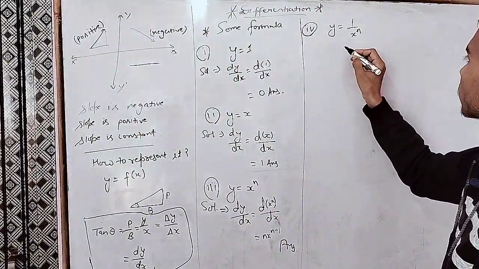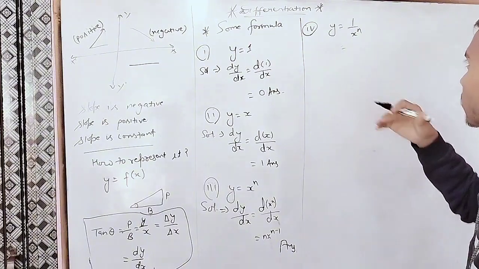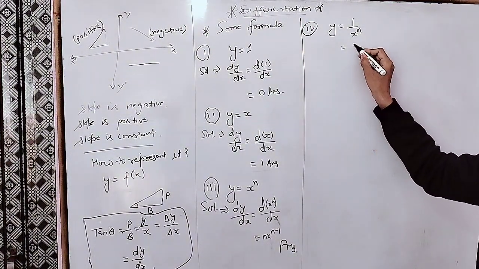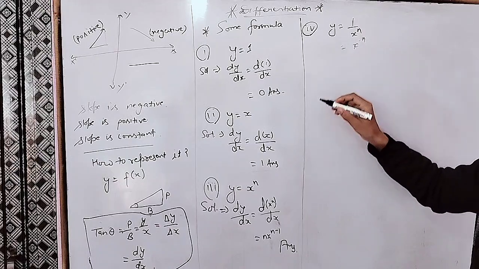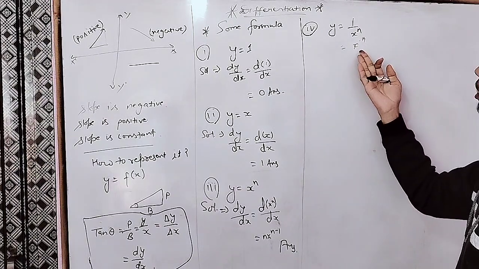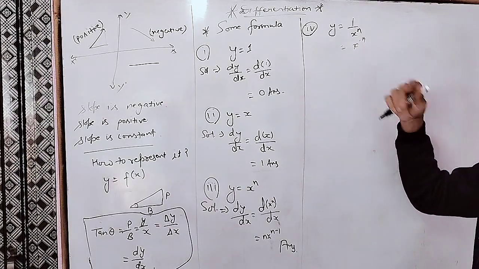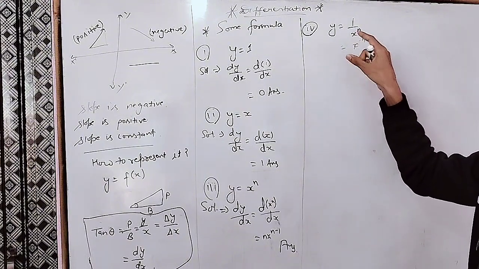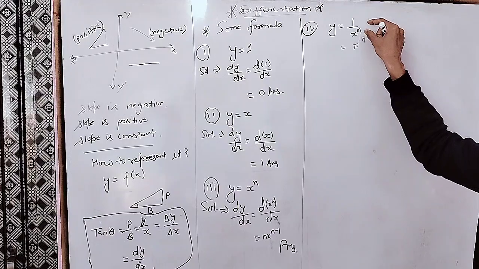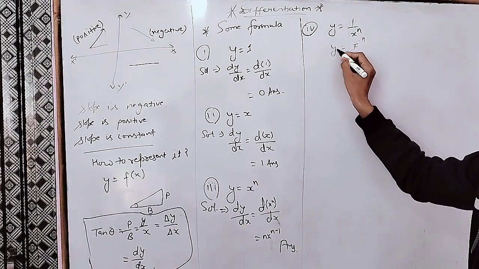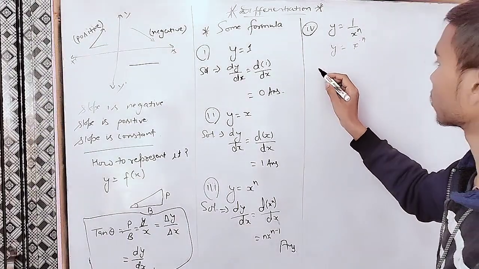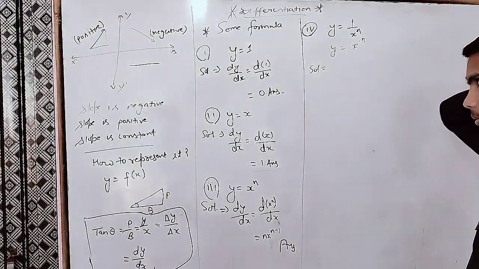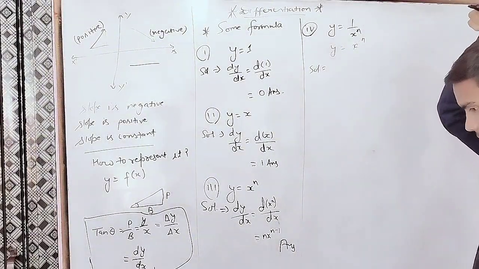We can write it like that: 1 upon x raised to the power n. Can we write like that? The value of this is the same as the value of this. Now we will be able to solve this.